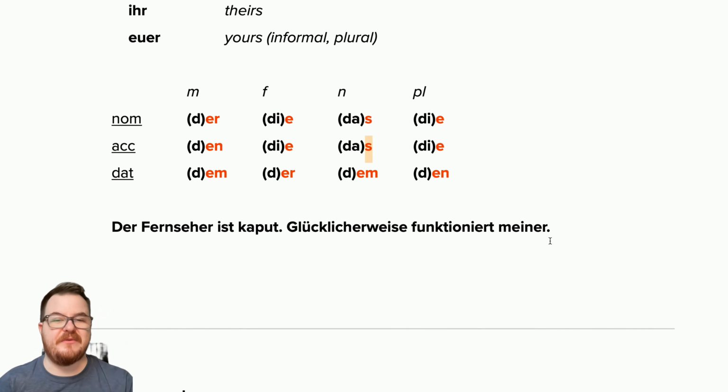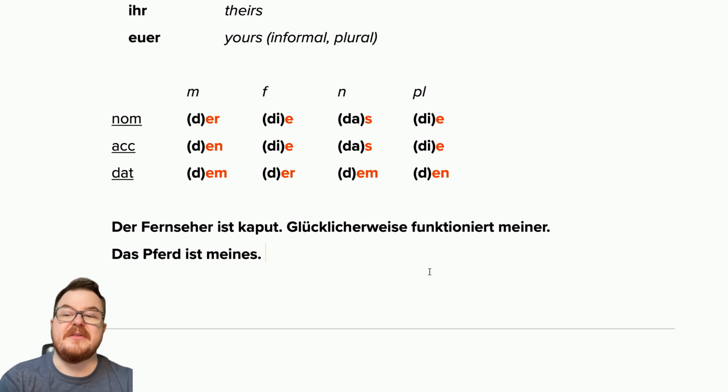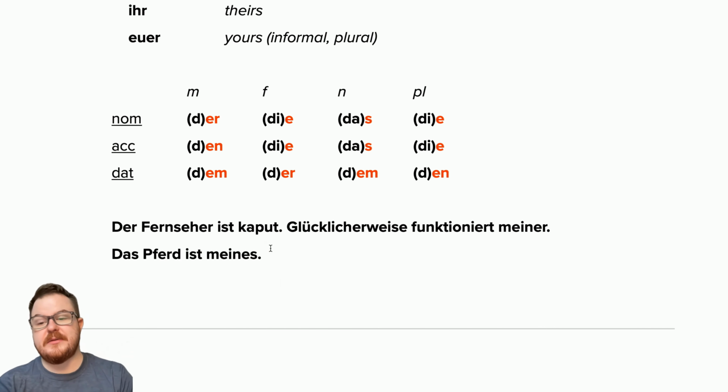It has a little E before the S. Let me type that. So it's not meins, that would be incorrect. It's meines. For example, das Pferd ist meines. That horse is mine.